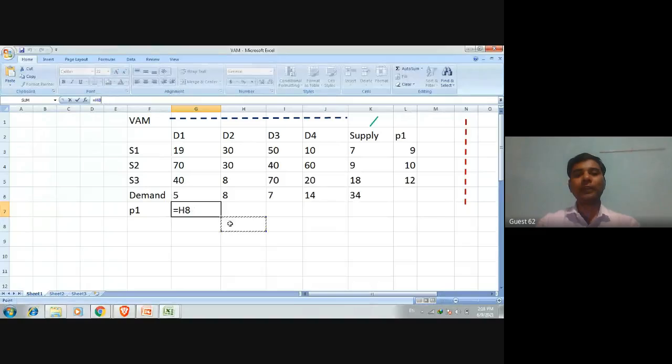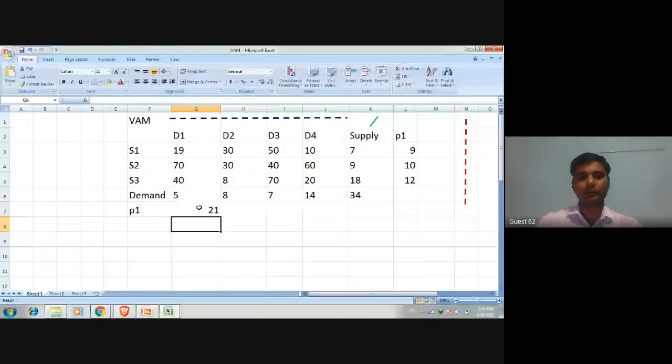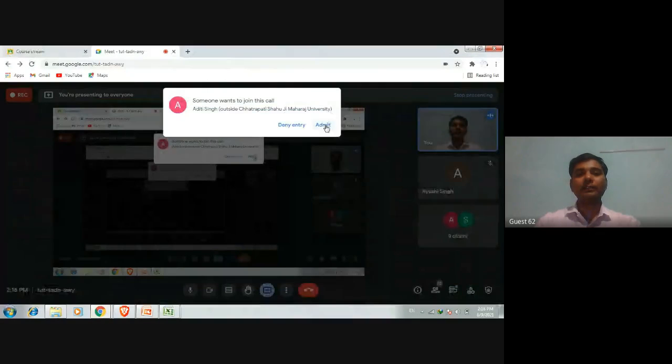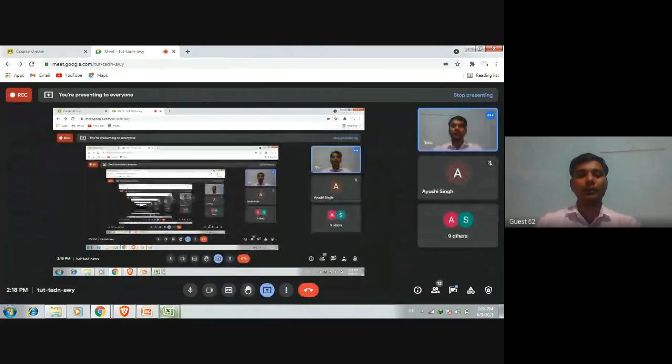Again, 40 minus 19. Okay. Now similarly for the second column.